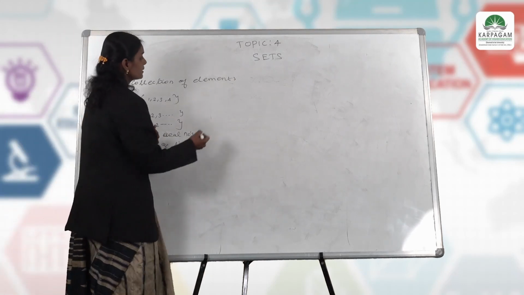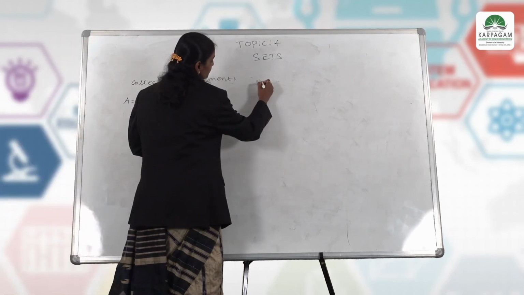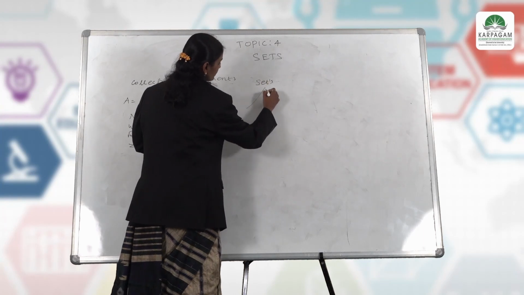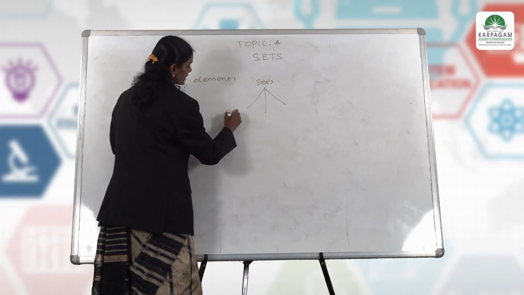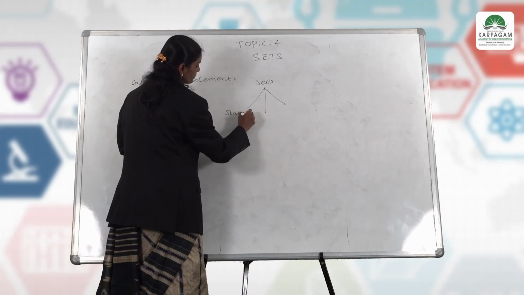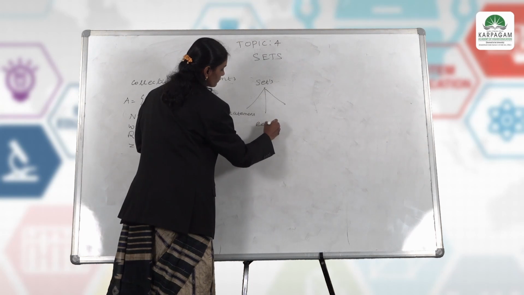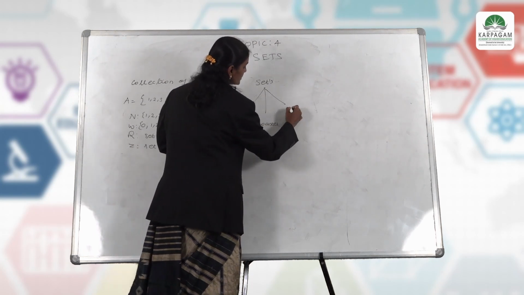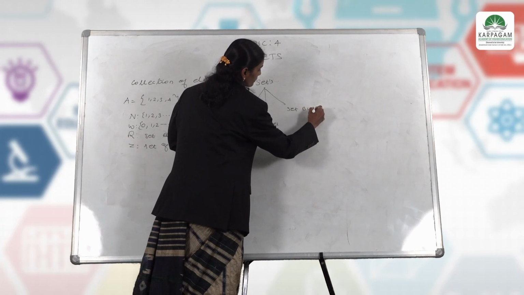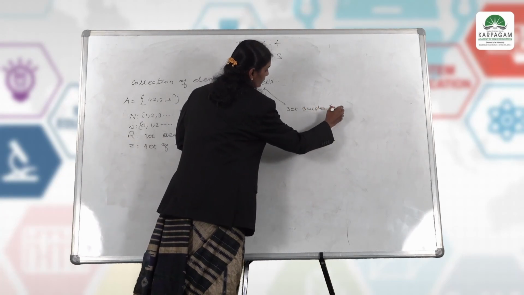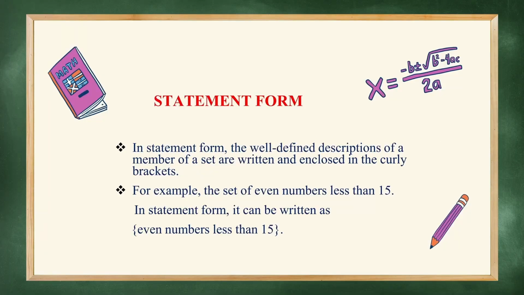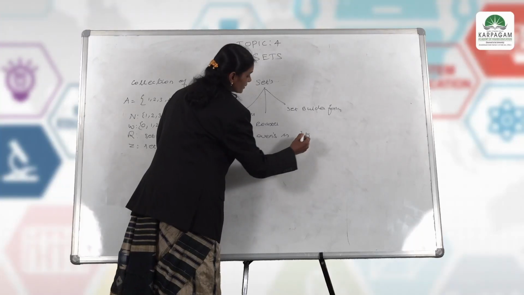Generally, a set is represented in three forms: statement form, roster form and set builder form. If we consider a statement directly, like even numbers less than 5, what does it mean?